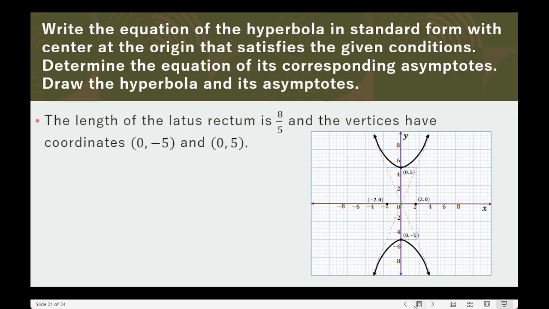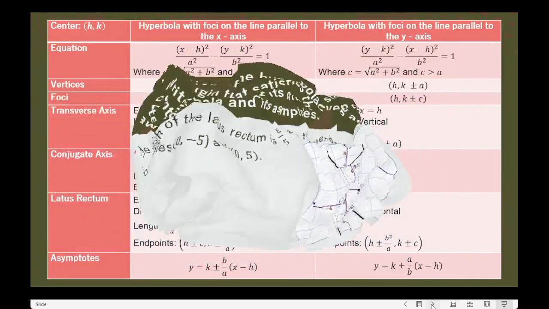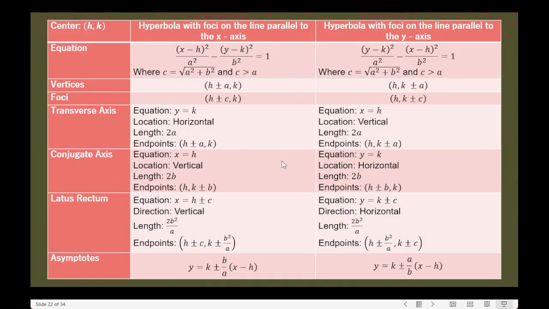Now, for our next slide, we have the properties of the graph, or some information about the graphs of hyperbola. This time, the center is now located at point HK, meaning the center of this graph is no longer located at the point of origin.